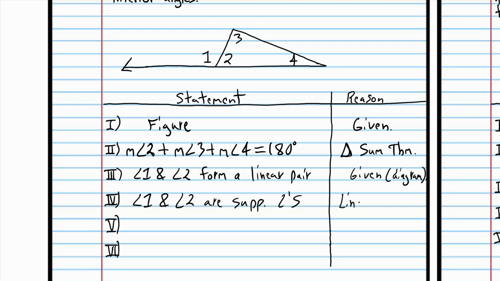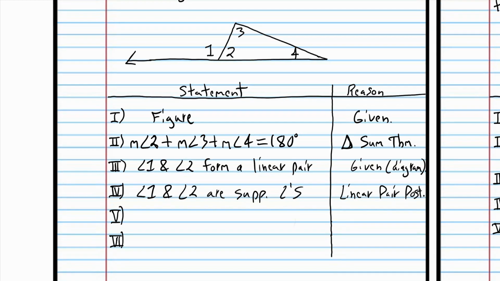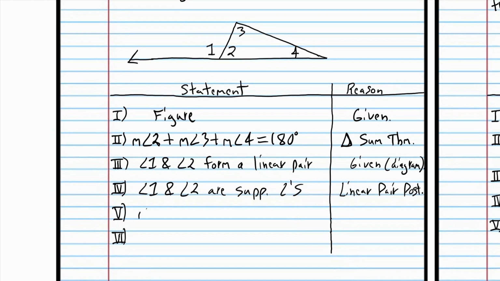That's the linear pair postulate. So by definition, because they're supplementary angles, the measure of angle 1 plus the measure of angle 2 have to add up to 180 degrees. The sum is 180 degrees. That's the definition of supplementary angles.